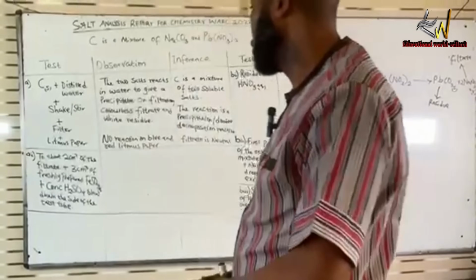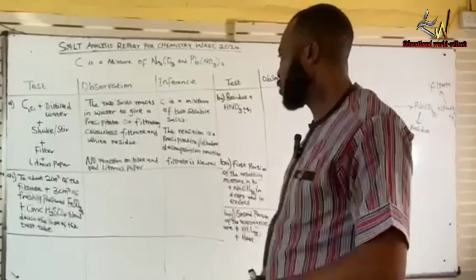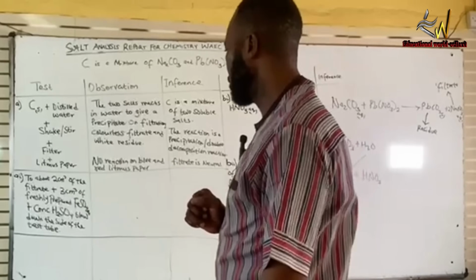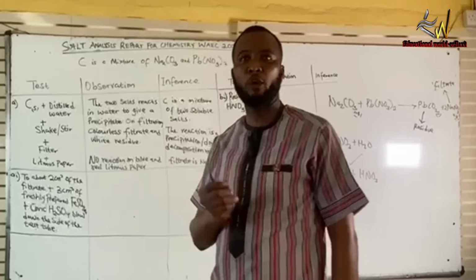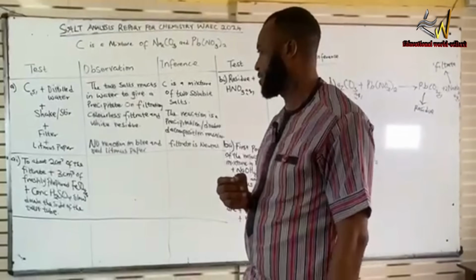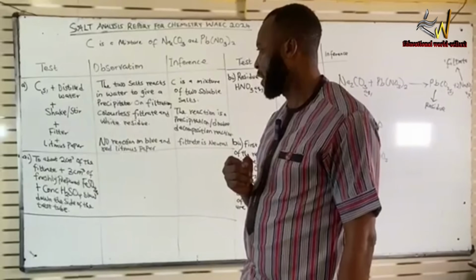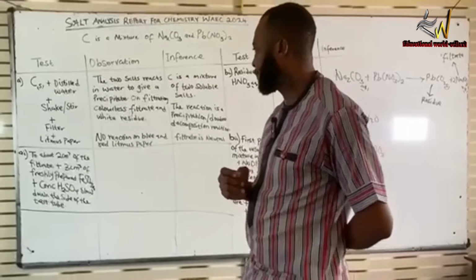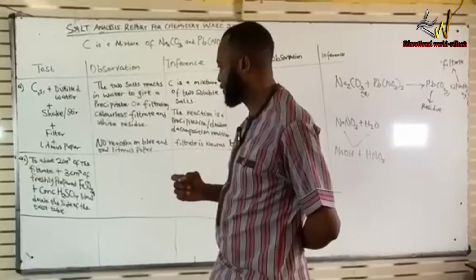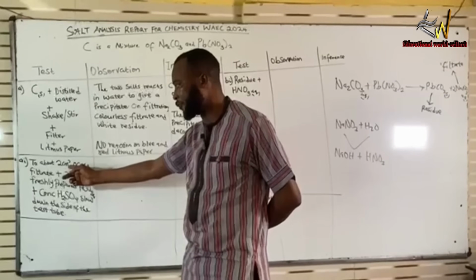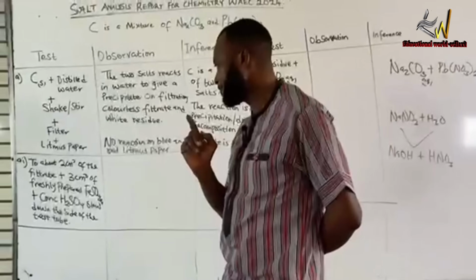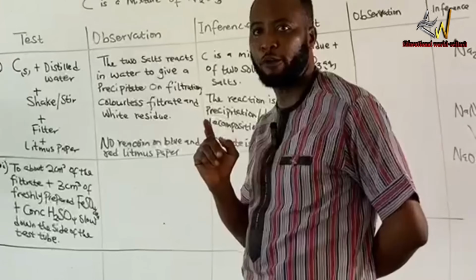Now let's quickly go on to our second experiment. You will be asked to perform what I call the brown ring test. Yes, brown ring test. In the brown ring test, you have to take some few centimeter cube of the filtrate, like 2 cm cube of the filtrate, plus 3 cm cube of freshly prepared FeSO4 solution.